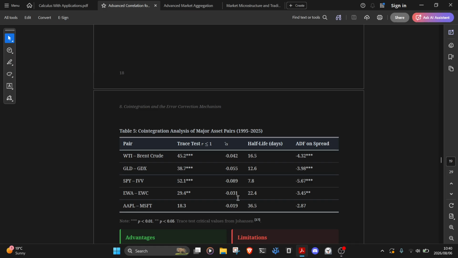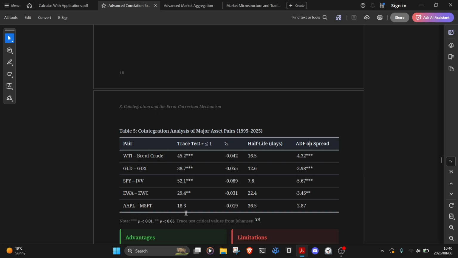Right? And note that essentially p is less than 0.01 and p is also less than 0.05, right, for these specific statistical tests, right?